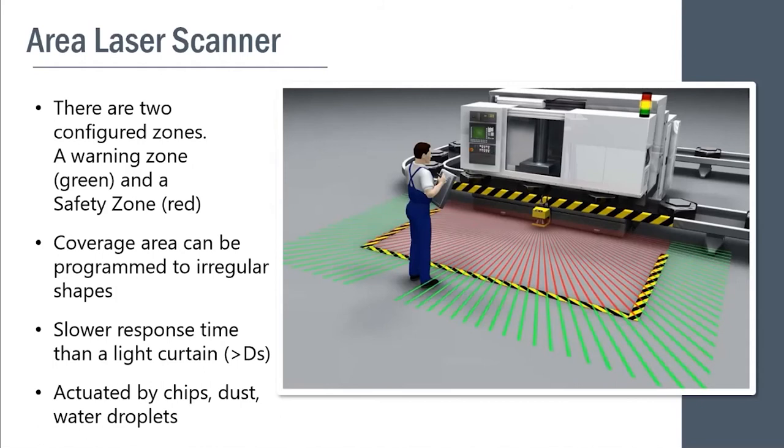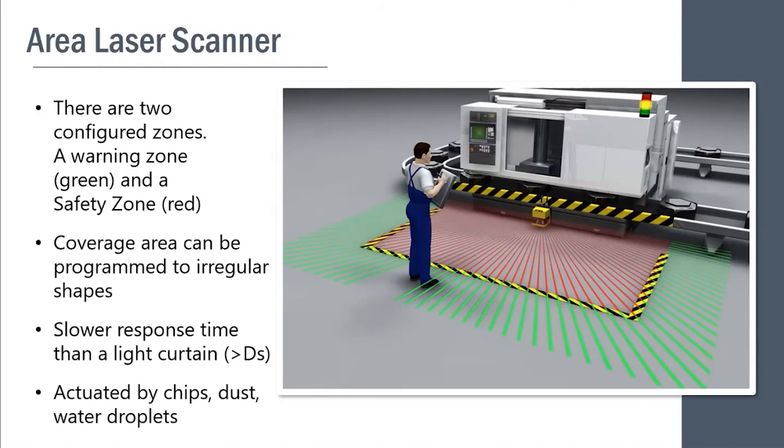They typically function as a two-zone configuration, where there's a warning when you approach the outer zone, and then a stop function when you hit the inner zone. You can program that field to pretty much any configuration where you can get a direct beam from the emitter.